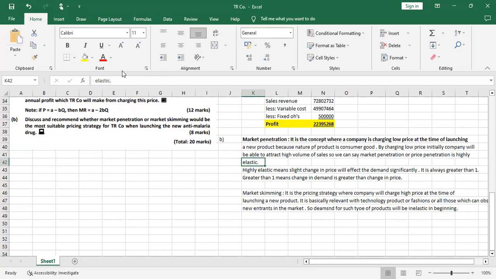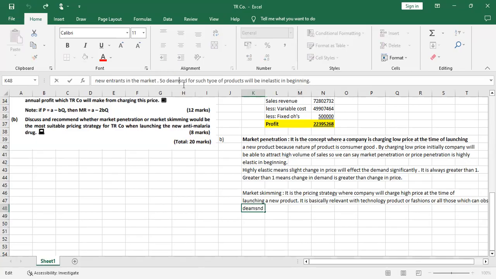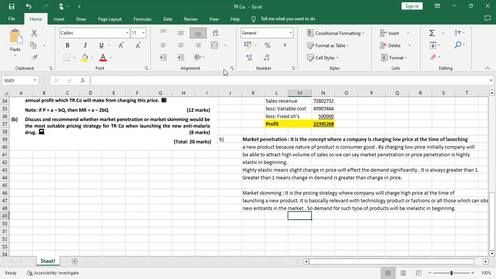Here I am also going to add the word of beginning. In beginning. So here we are facing inelastic demand. People are buying if the new laptop is expensive. People are buying if new iPhone is expensive in their own currency, or most of the people, or those who can afford, or people who want to carry the new mobile, they will definitely carry this one, or they will try to purchase.